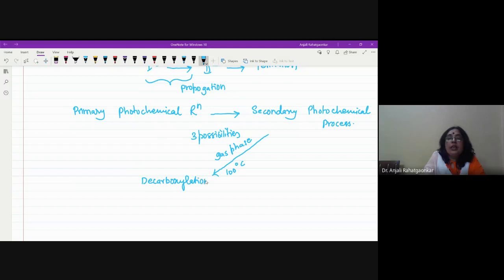There is a decarboxylation. If there is an abstraction of alpha hydrogen, then there will be a disproportionation.